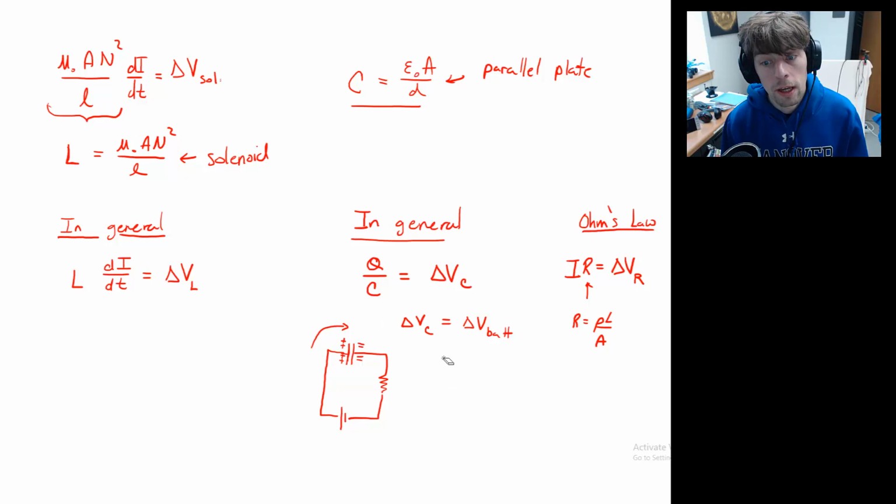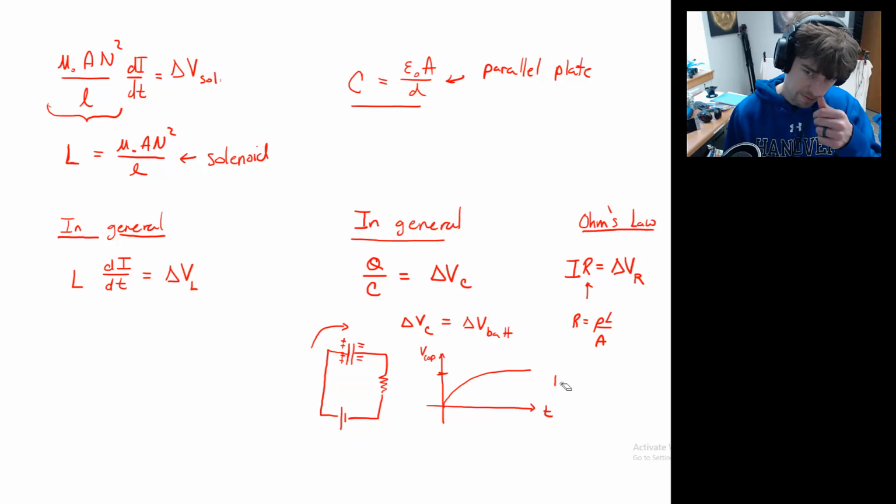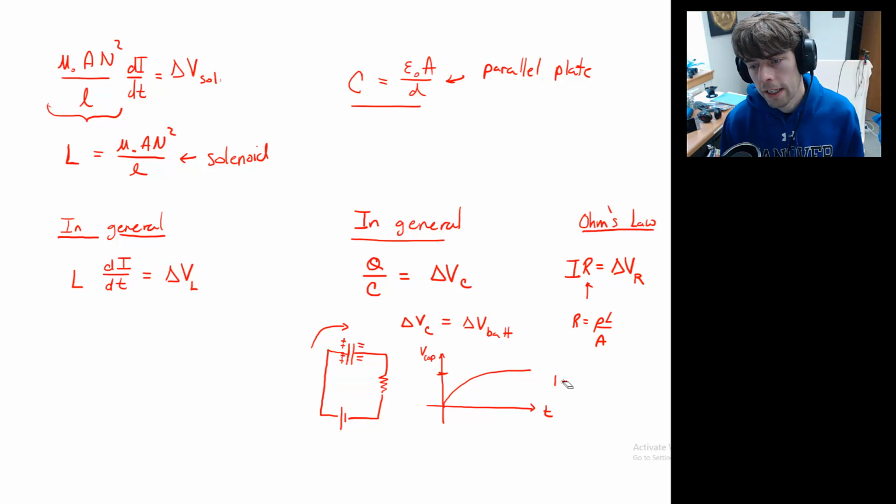And we went through and actually solved Kirchhoff's voltage laws, time and V capacitor, I'll put V cap here. We solved Kirchhoff's voltage laws to see that you will get some sort of asymptotic behavior that looks like, let's see, it must be 1 minus e to the negative t over RC.